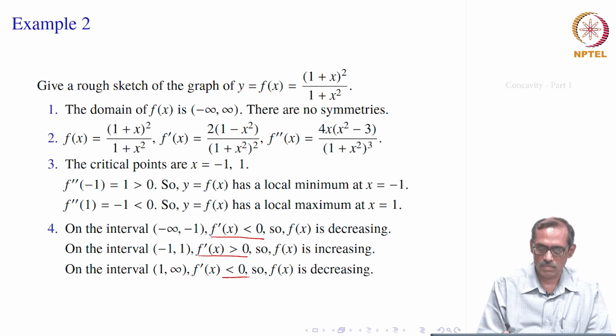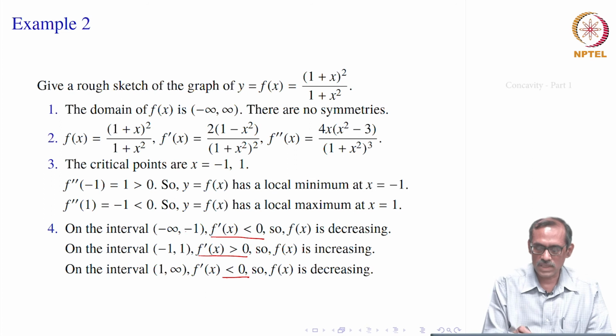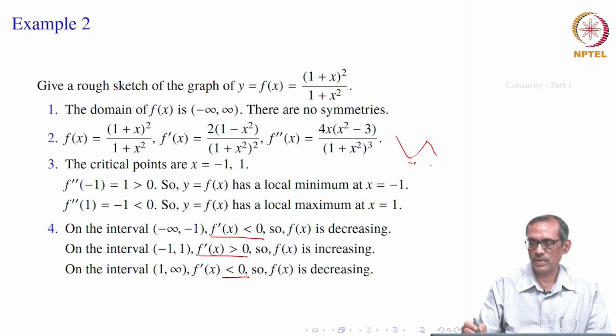So, it becomes smaller again, f prime x is less than 0, therefore, f is decreasing. So, minus infinity to minus 1, it is decreasing, it is something like this at minus 1, and minus 1 to 1, it is increasing, and again 1 to infinity is decreasing. Roughly it would look something like this.